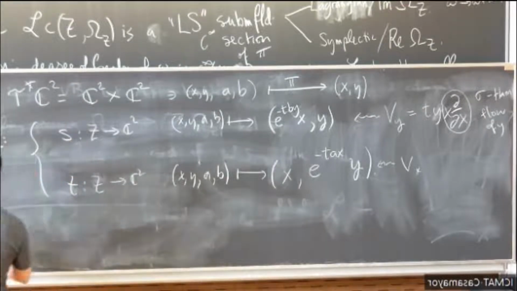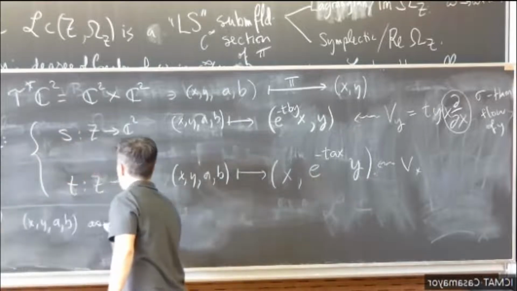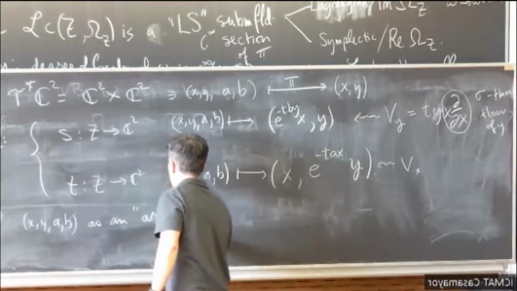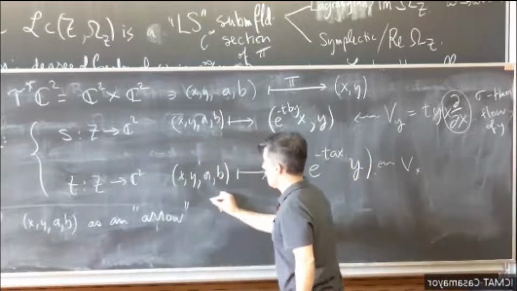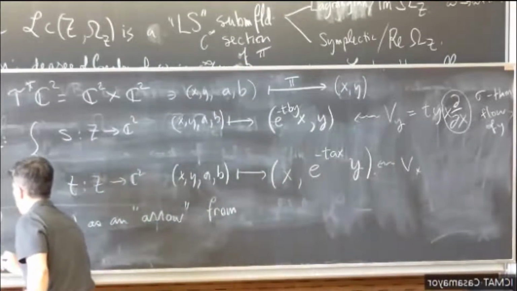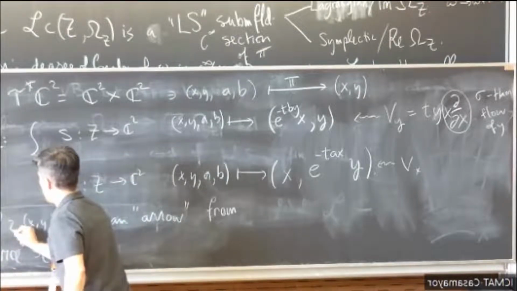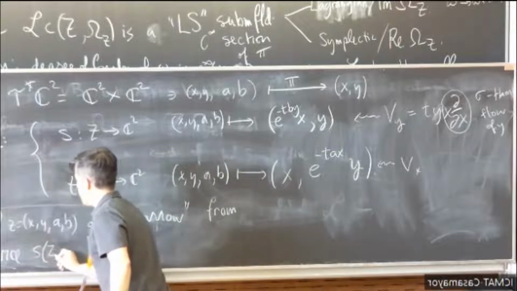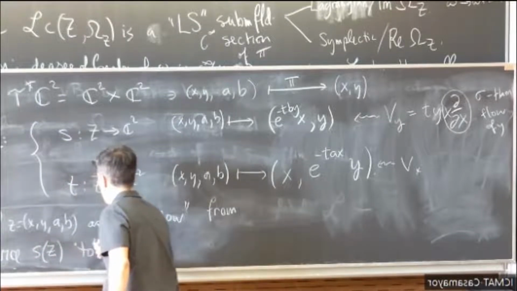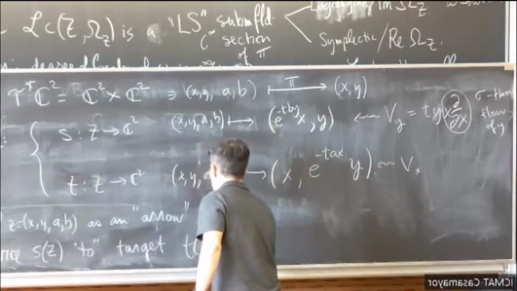In fact, we can think of (x, y, a, b) as an arrow from the source, let me just call this point z, S of z, to the target T of z.